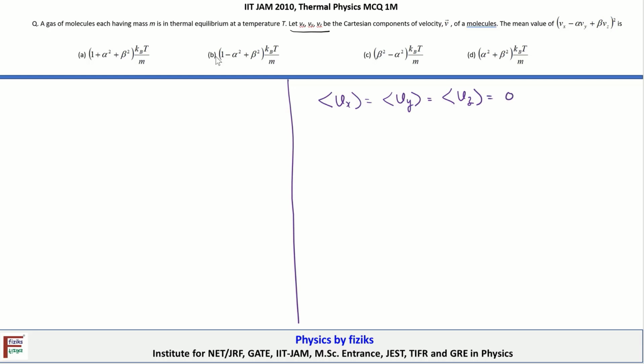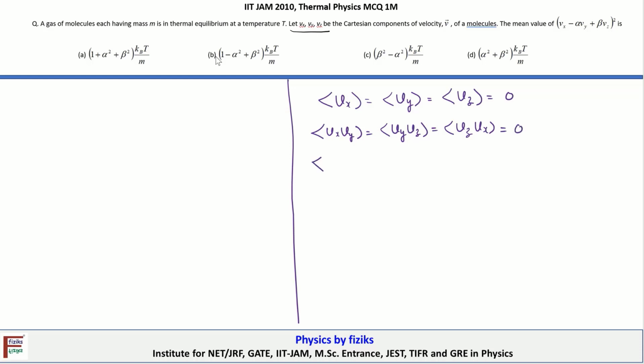And further we also learned that any cross multiplication of two components, Vx Vy, that is equal to Vy Vz, and that is equal to Vz Vx, that's also 0.